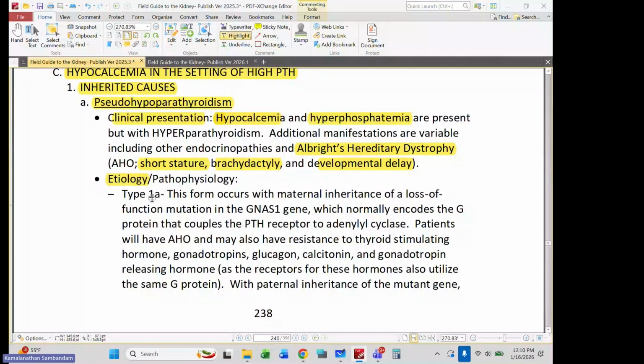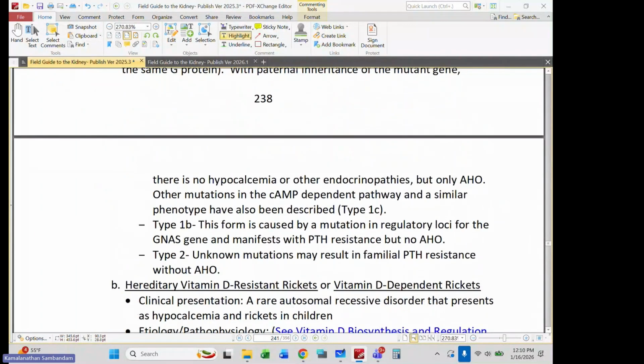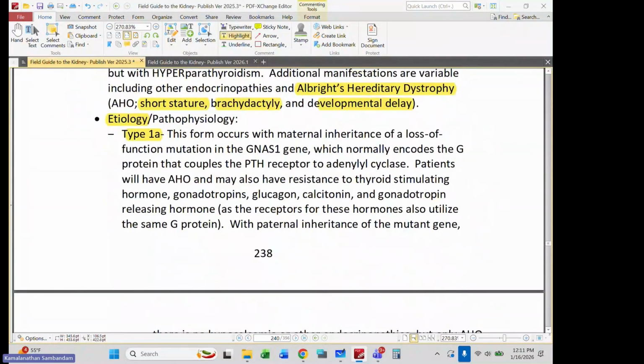Again, pathophysiology is divided into a couple of different subtypes, but in general, this is an insensitivity to parathyroid hormone. Now, this is an abnormality in signal transduction of PTH at its receptor through G proteins.